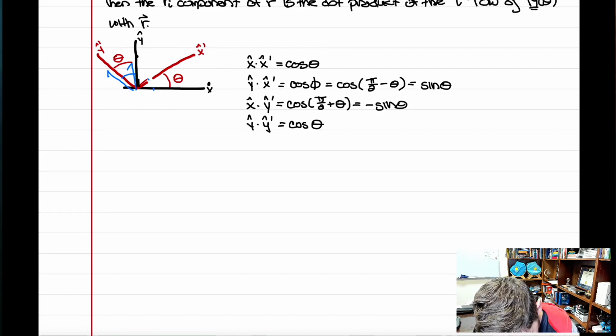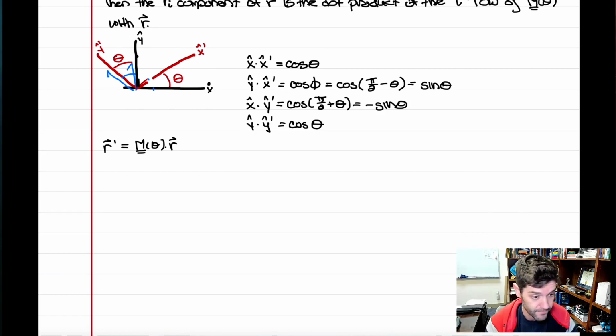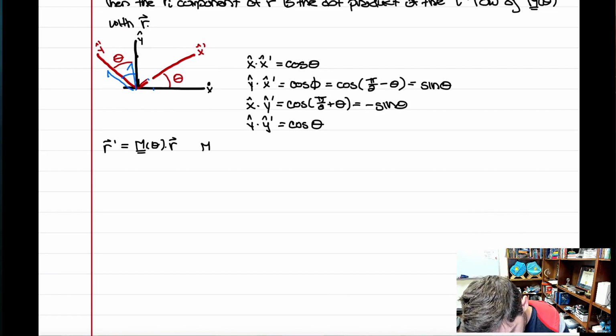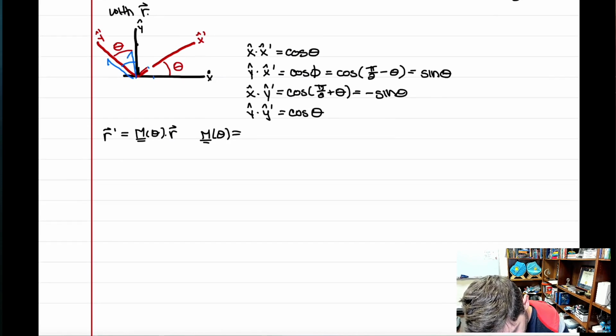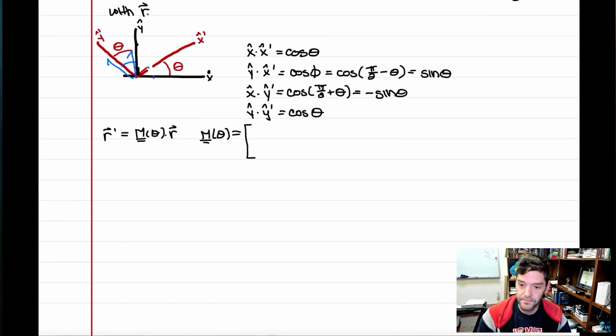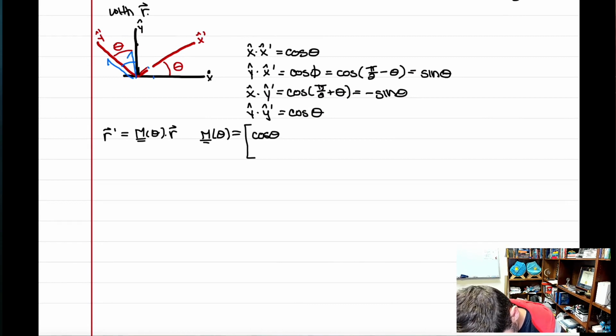So when I write down the transformation as this matrix times the original vector, it looks like M in this case, M as a function of theta, is the 2 by 2 matrix that is cosine, sine, negative sine, cosine.